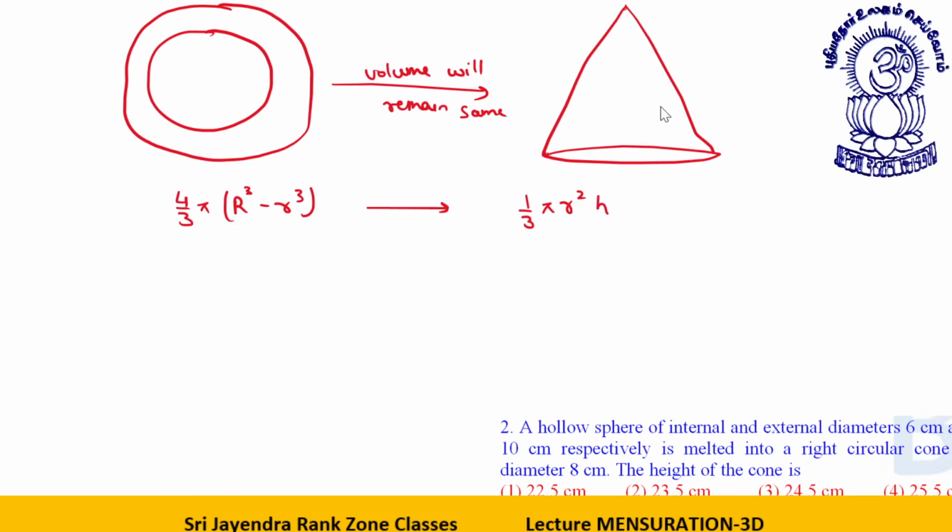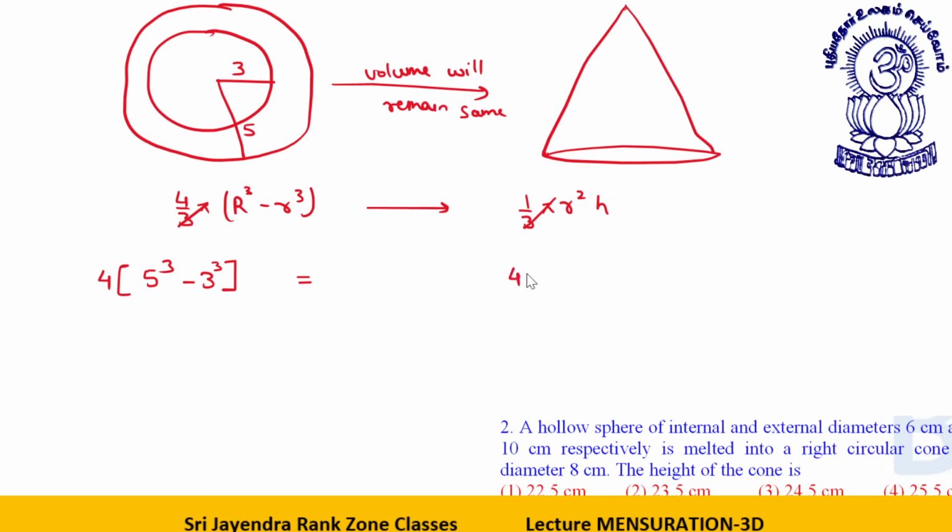I will tell this formula in great detail once we reach this topic, that is in the next class. Today, I will wind this up. So pi by 3 and pi by 3 cancel. Now, this is 4 R cube minus r cube. Capital R is 5, this radius is 3, this radius is 5. So 4 into 5 cube minus 3 cube is equal to, the diameter is 8, so radius is 4, now r square h.